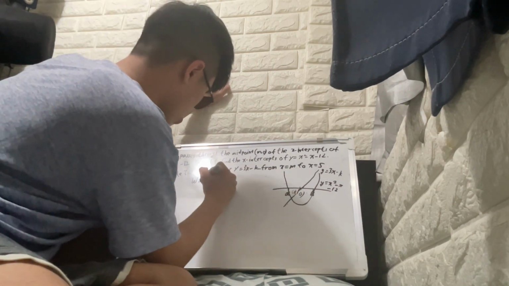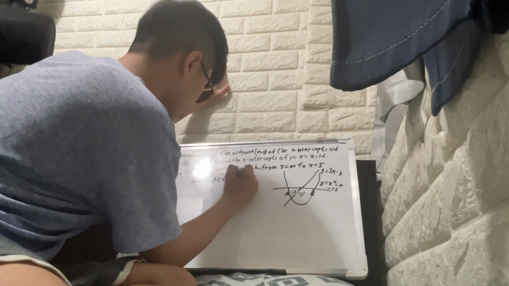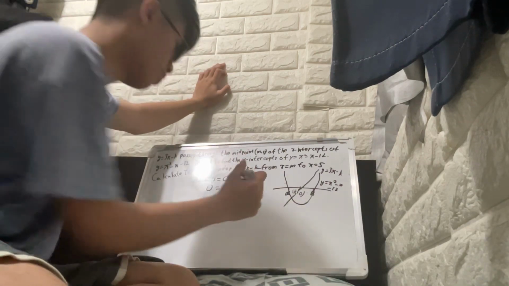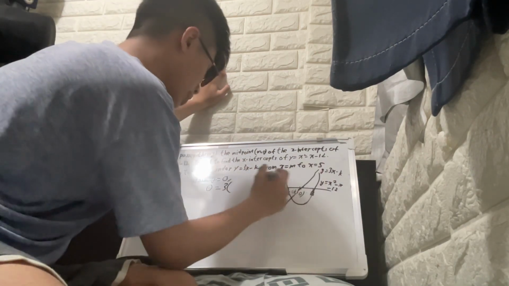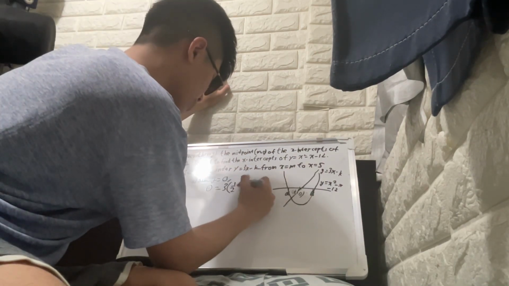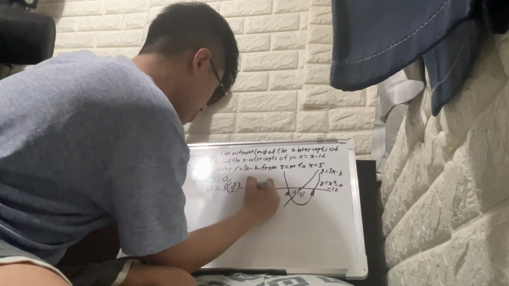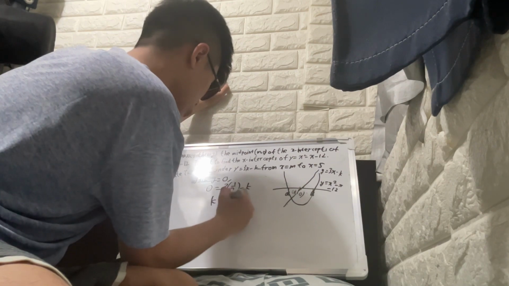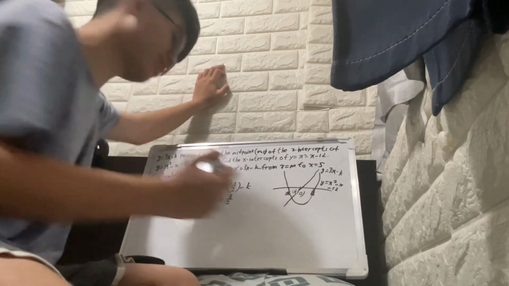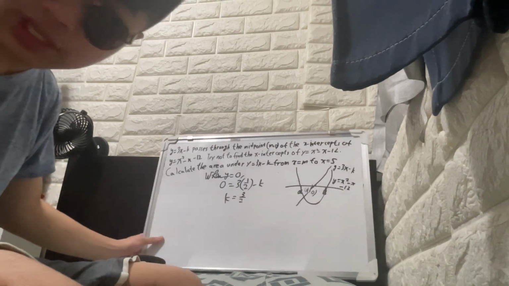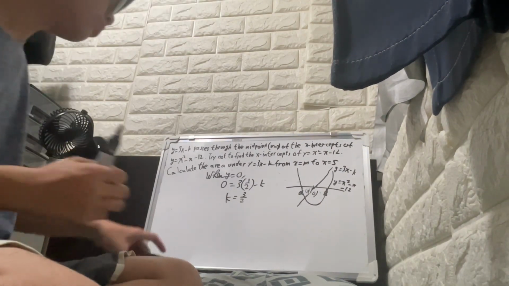So 0 = 3 times 1/2 minus k, and our k is just equal to 3/2. Can you see?